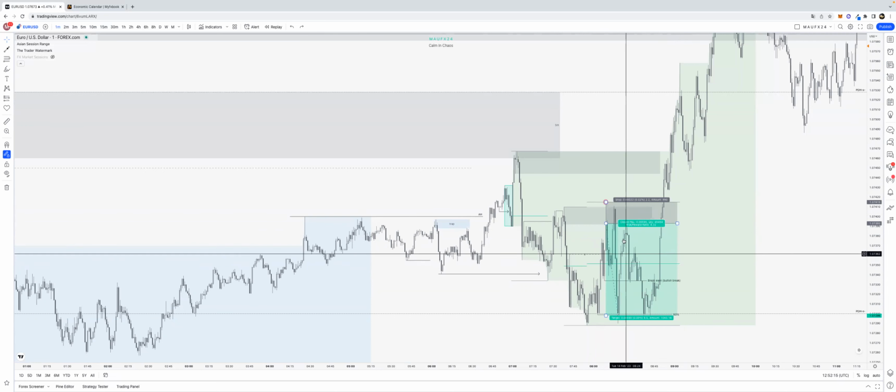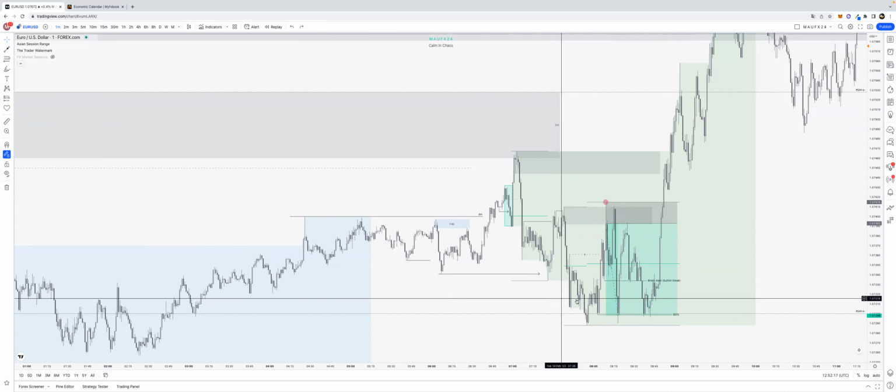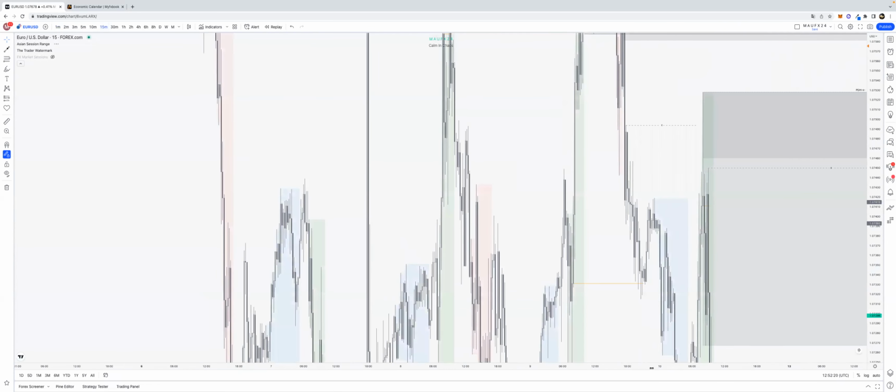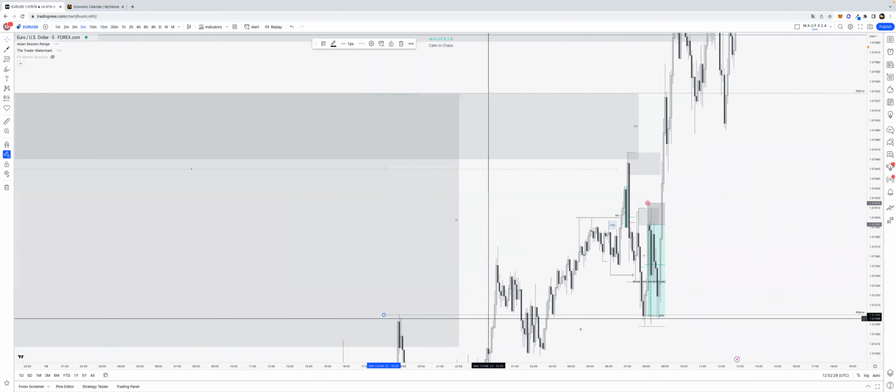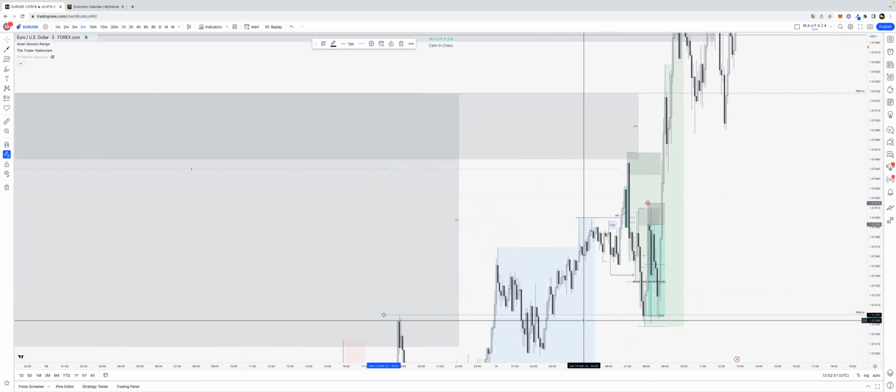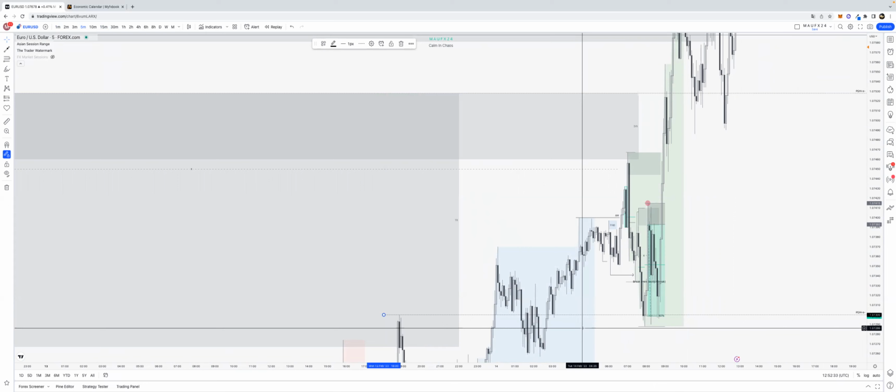Okay, let's leave that for another case study, but actually, let me just see. So there's no POI to trade from, maybe on the 5 minute. So we came below these lows, we came into the fair value gap, we tapped, just missed the 5 minute POI.